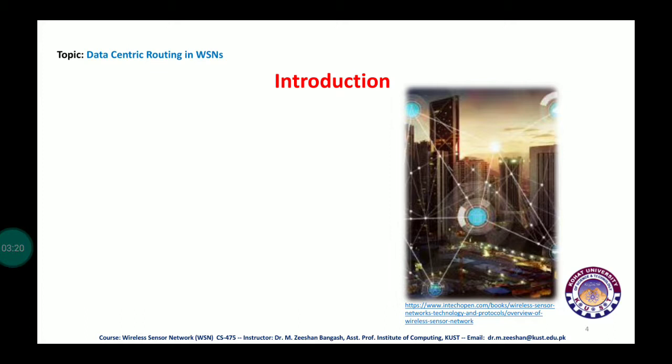We mostly refer to it as a sink node. The sensor node equipment, as already discussed in the previous lecture, comprises a radio transceiver with an antenna, a microcontroller, an interface electronic circuit, and an energy source, usually a battery.